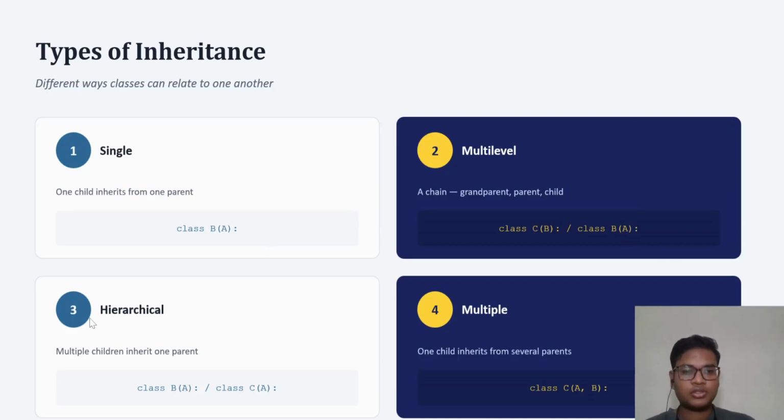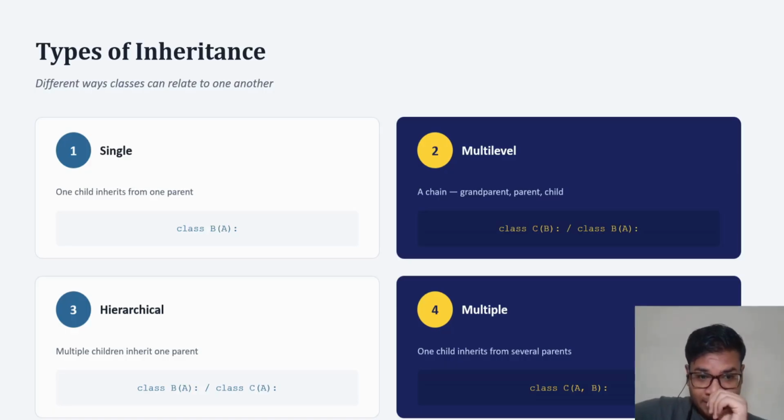Okay. Third one is the hierarchical inheritance. What does it mean? Multiple children inherit from one parent. Understand? Like class B of A, and we have only one parent. In multi-level you have A, B, C: A as a grandparent, B as a parent, C as a child.